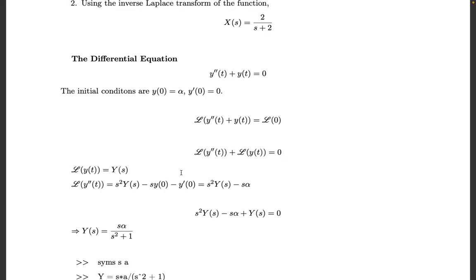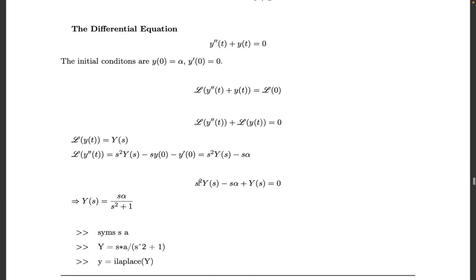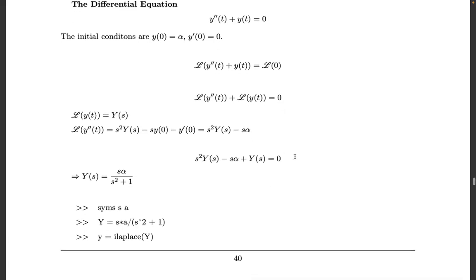Then substitute these two formulas into this formula. So we get s squared Y(s) minus s alpha plus Y(s). Factoring Y(s), we get the result in the s domain: Y(s) equals s alpha over s squared plus 1.